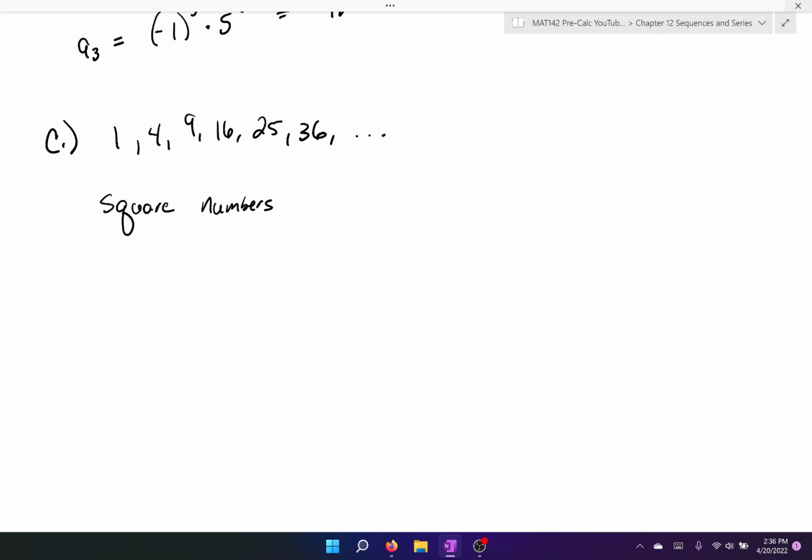And the reason why we call them square numbers, well, some of you may be thinking, it's 1 to the second, 2 to the second, 3 to the second, 4 to the second, and so forth. And I completely agree with you on that one. In fact, our sequence here is just going to be a sub n equals n to the second power for n equal to 1, 2, 3, and so forth.